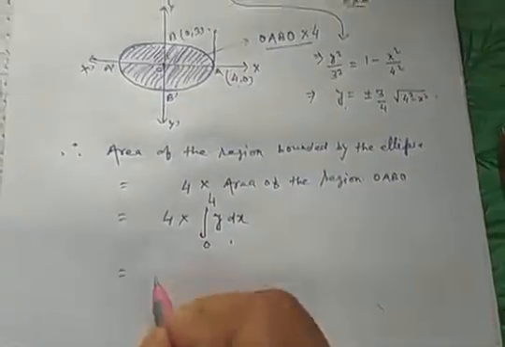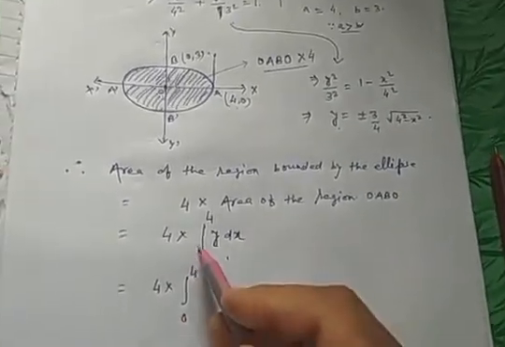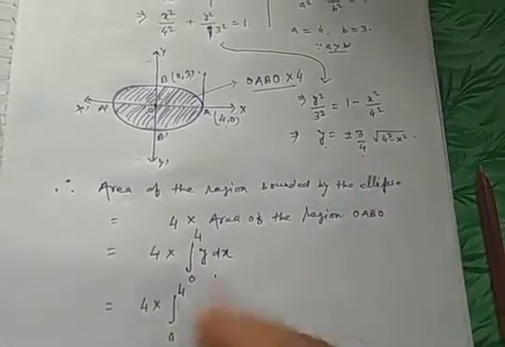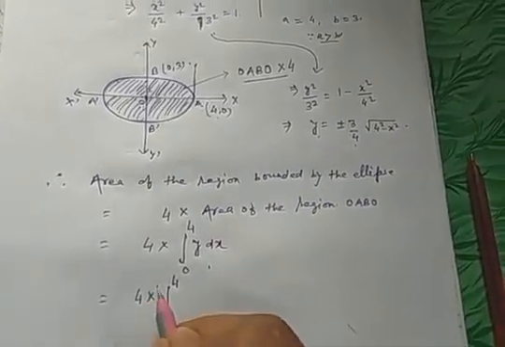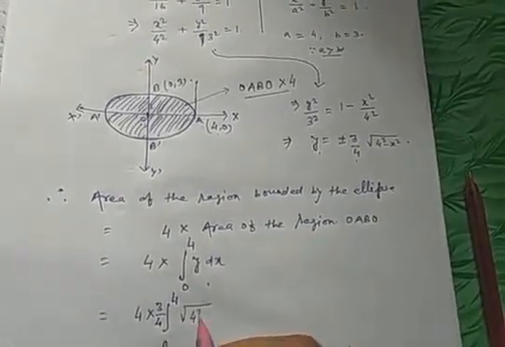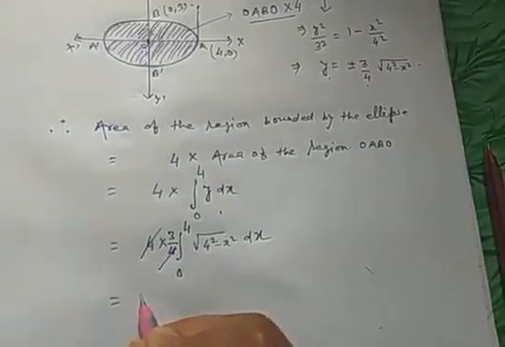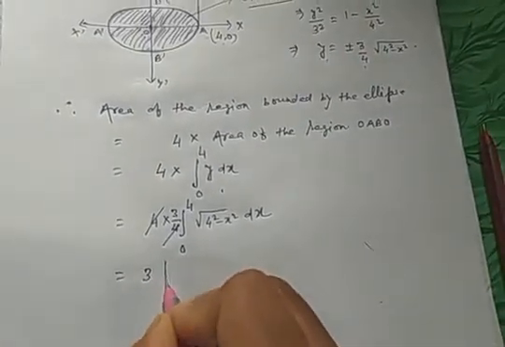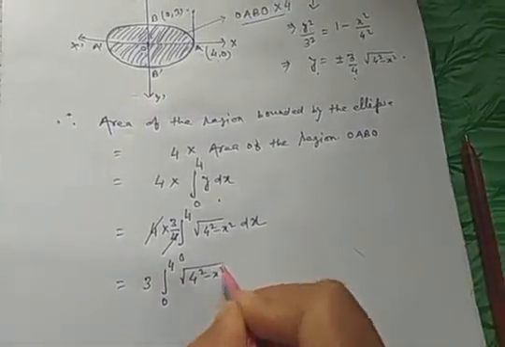So the area is equal to 4 into the integration from 0 to 4, with y equal to 3/4 root 4 square minus x square, dx. We take 3/4 outside the integral. This 4 and this 4 will cancel. Now finally we can write 3 into the integration from 0 to 4 of under root 4 square minus x square dx.